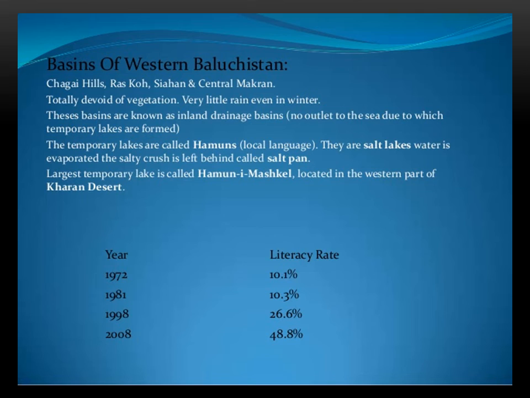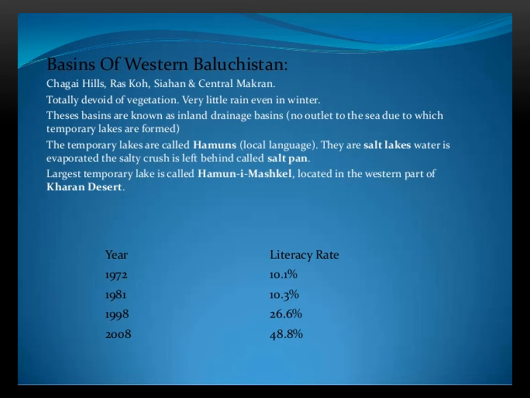These basins are therefore known as inland drainage basins, just because all the water runoff drains into these basins, and the water is absorbed in the land and does not reach the coast.